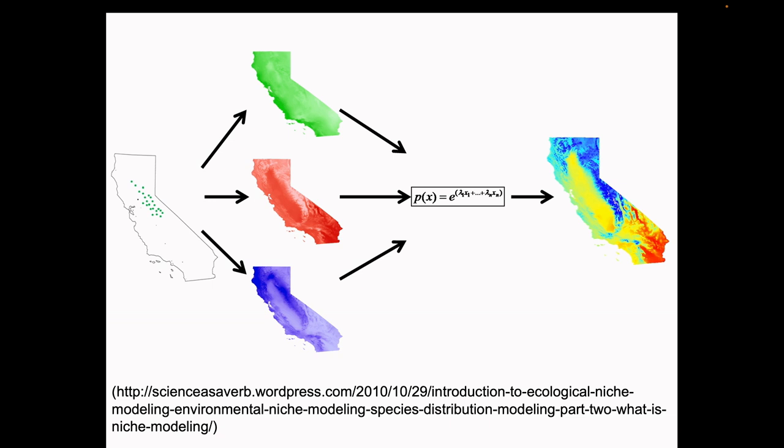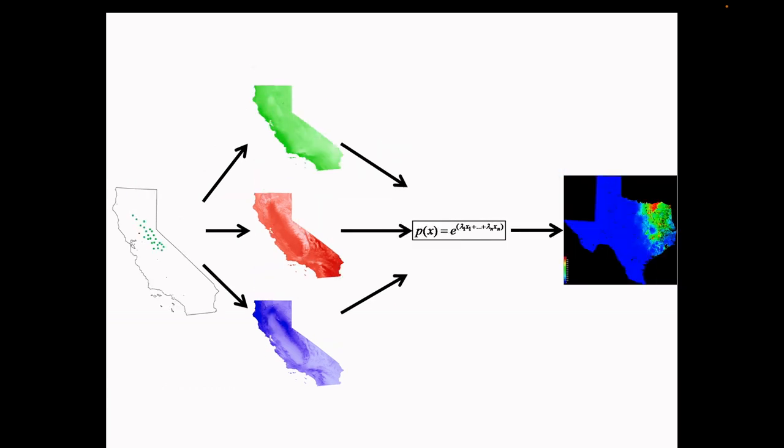But you cannot extrapolate. So for instance, if you do ecological niche modeling on a species that lives in California, and your environmental layers are based on California, you cannot then take your equation from a species distribution modeling and apply it to Texas, because that lies outside of the extent of your points and your environmental layers.